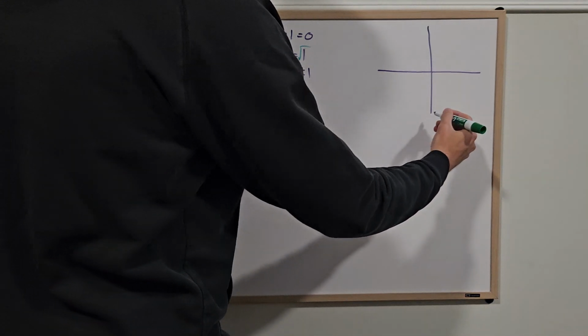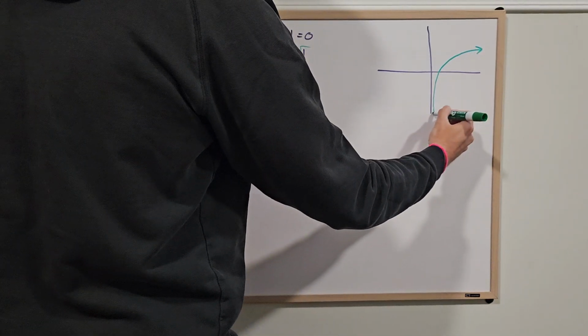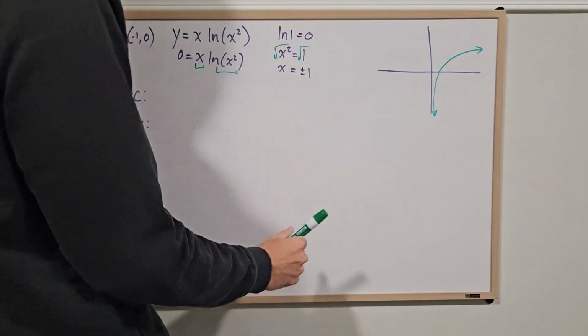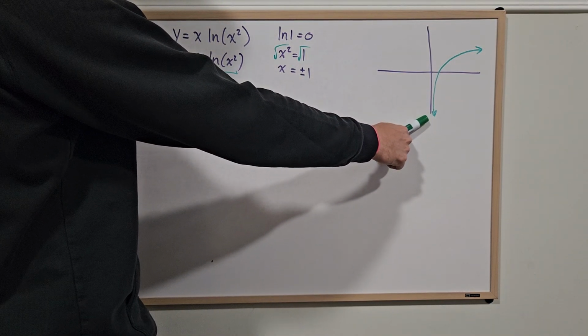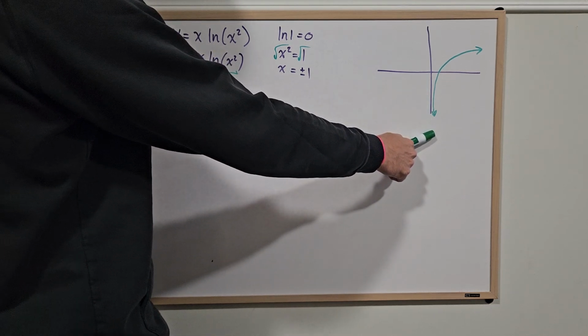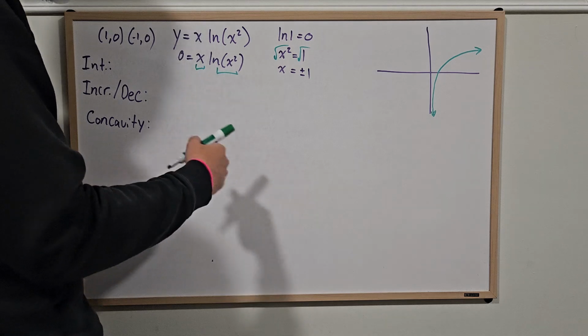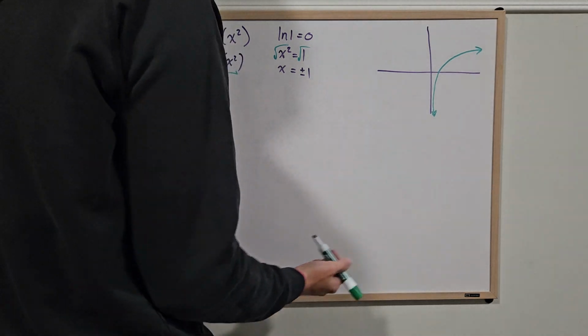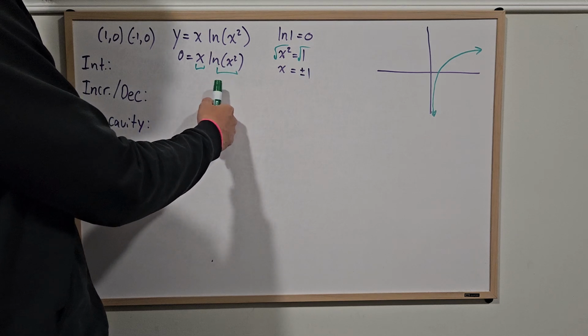It looks like this, and it comes up from the bottom here, and it goes up like this. It never actually touches the y-axis, so if you put that in your calculator, you'll get an error because it doesn't actually exist at 0. So our function here doesn't actually exist at 0.